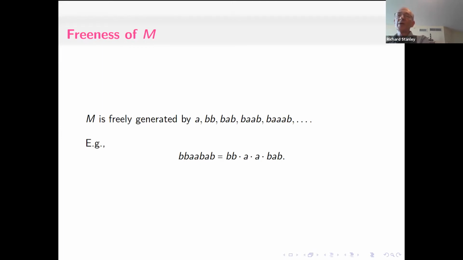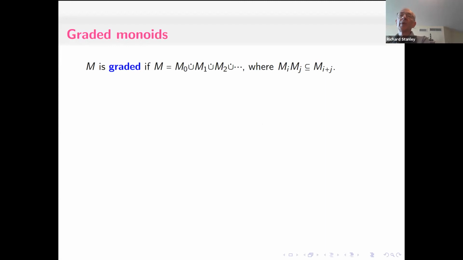Well, we're going to be looking at graded monoids where the elements of the monoid have a certain degree or length. So we'll say M is graded if it's a disjoint union of sets M0, M1, M2, etc., where any element in Mi times something in Mj lies in M(i+j).